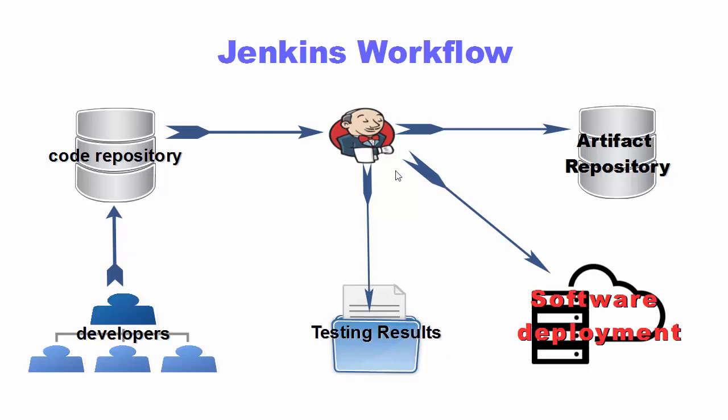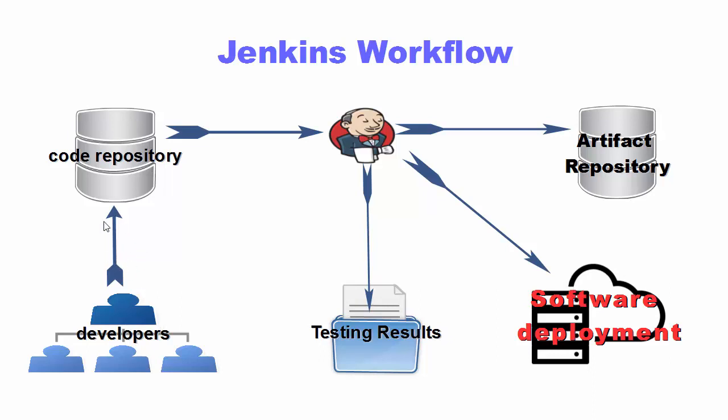And if the build is successful and tests are successful, it's going to transfer your executable file into some artifact repository, or it's going to deploy your software onto some other server, for example some cloud server where you want to use it.